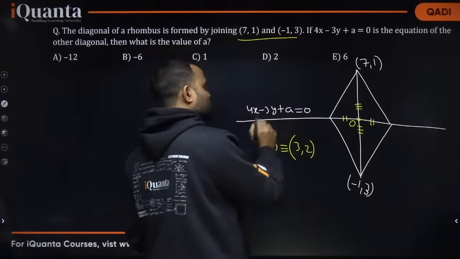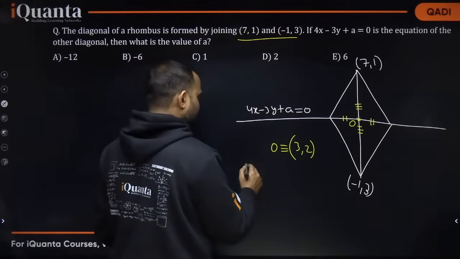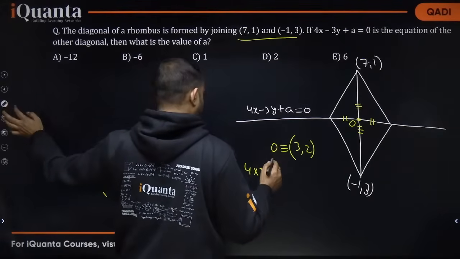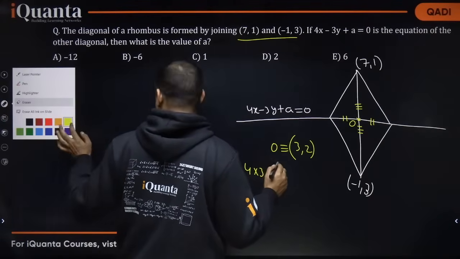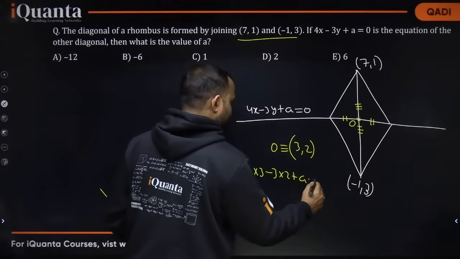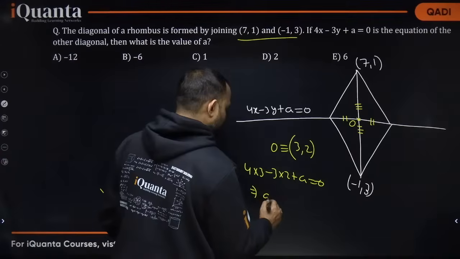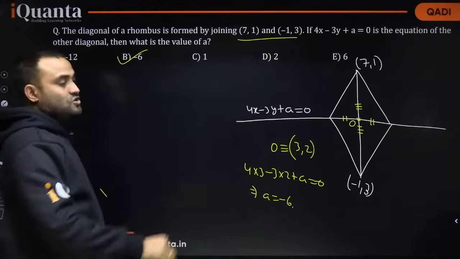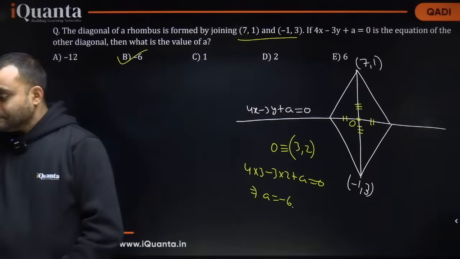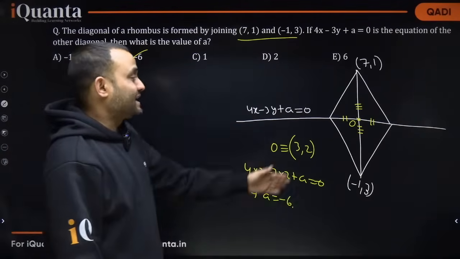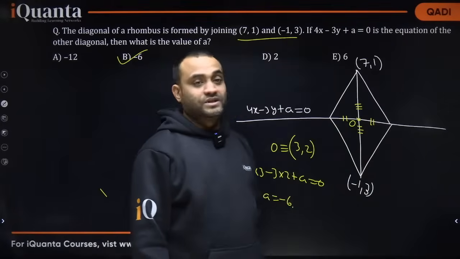So this point should lie on this line. So let's put it here: 4 into 3 minus 3 into 2 plus a is equal to 0, or a is equal to minus 6. So answer is option B. Yes, the midpoint of this diagonal will pass through this.